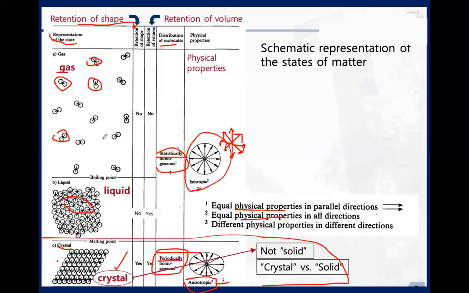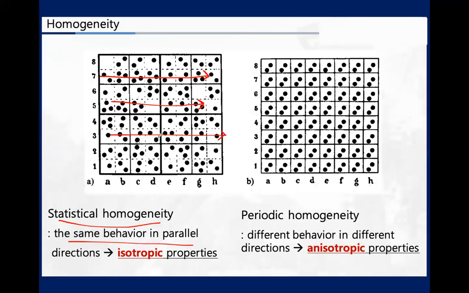So you can have a periodic homogeneity in crystals, where you can clearly see an anisotropic property. It should be an anisotropic property because in parallel directions you don't see the same type of distribution.